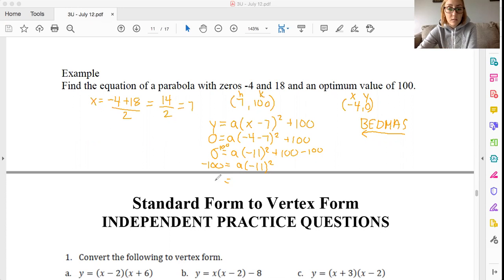We can also simplify this. -11 squared is actually 121. Pretty proud of myself at the top of my head there for a second. And this is being multiplied, so the opposite operation of multiplication is to divide, and that cancels this out.